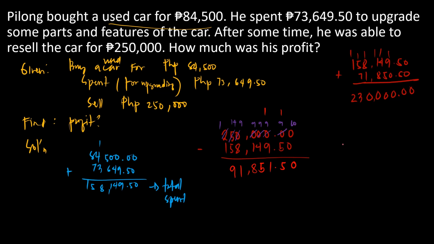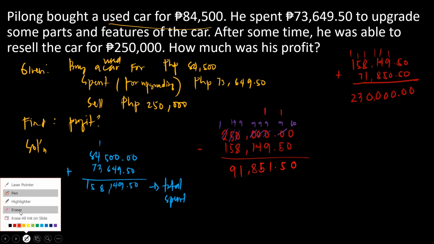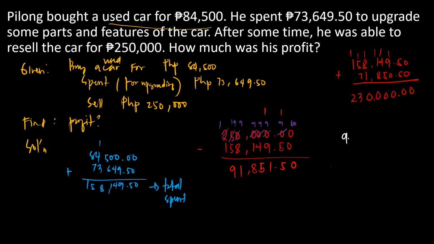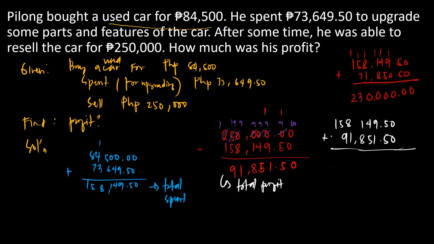Okay, now let's check. So earlier, class, I really made a mistake in subtracting. Okay, so let's check. So we have 91,851.50. This is his total profit. Okay, then let's add the total spent. So let's align them, class. So we have 158,149.50. It should go back to 250,000.